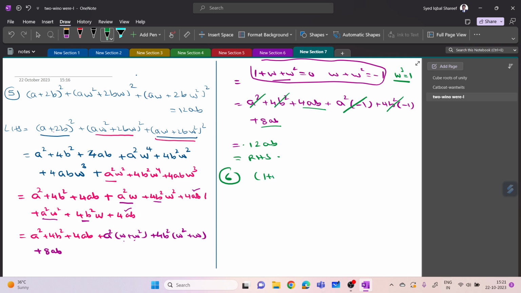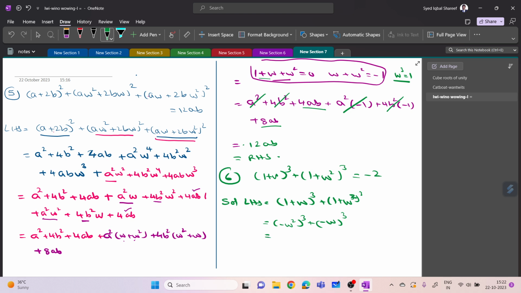One more time, 1 plus omega whole cube, 1 plus omega square whole cube equal to minus 2. So take our left hand side, 1 plus omega whole cube, 1 plus omega square whole cube. So 1 plus omega is minus omega square. 1 plus omega square is minus omega.